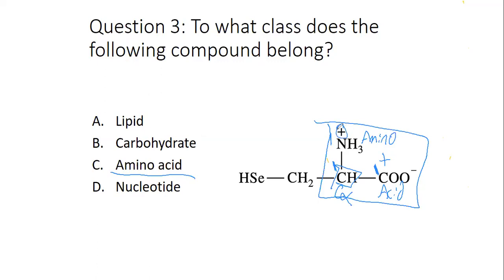Now, this nitrogen doesn't have to be charged, and this COO could have a hydrogen on it to make it neutral, but that is the characteristic of an amino acid. It always has that structure. And amino acids are what make up your proteins. We'll learn about that in a couple weeks. That will be our first monomer we're looking at.